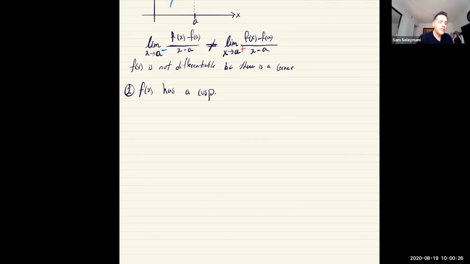So here is an example. Maybe we do f of x equal to, or maybe give me a second. Maybe I can pull an example quickly for you guys. Maybe something like x to the power of 2/3.